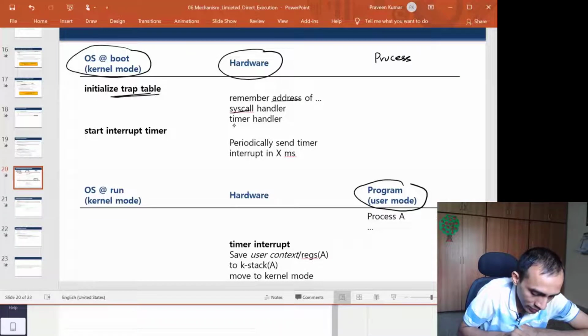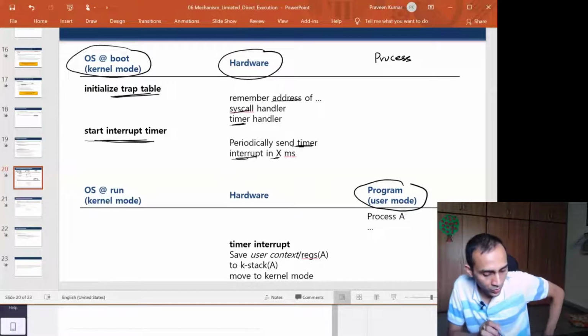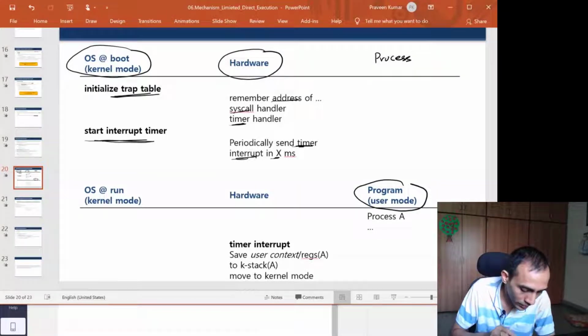And then the OS starts the interrupt timer. This interrupt timer is in your hardware, and it will periodically raise an interrupt after a few milliseconds, whatever value the OS sets.